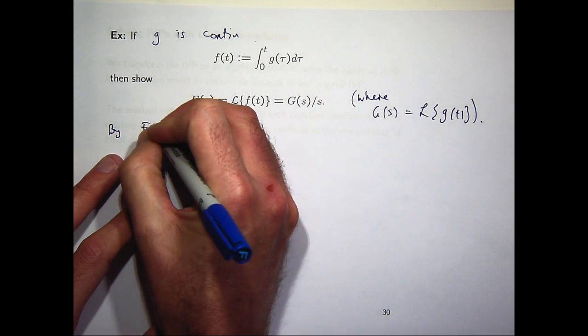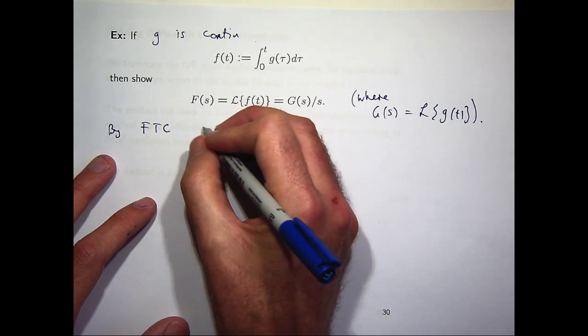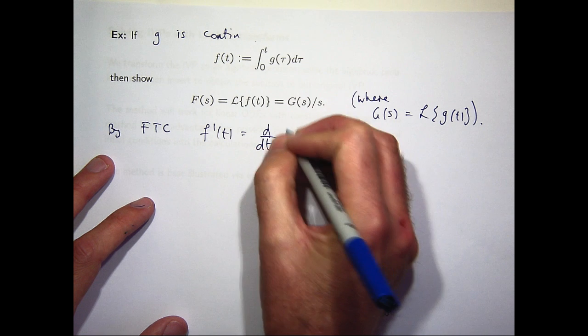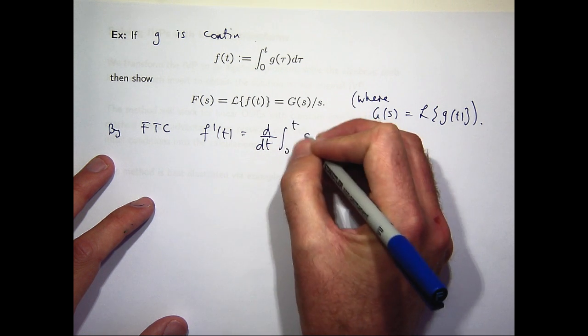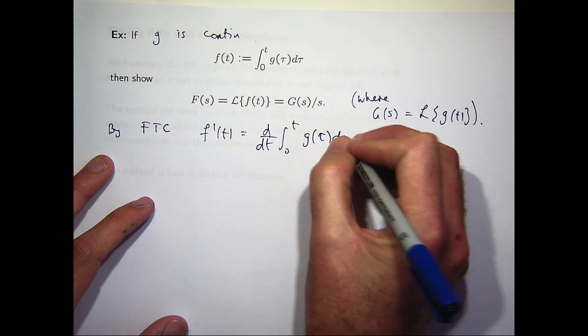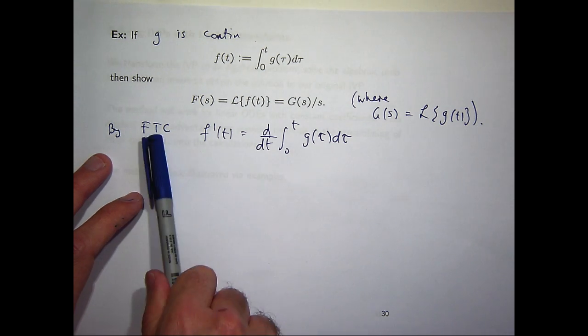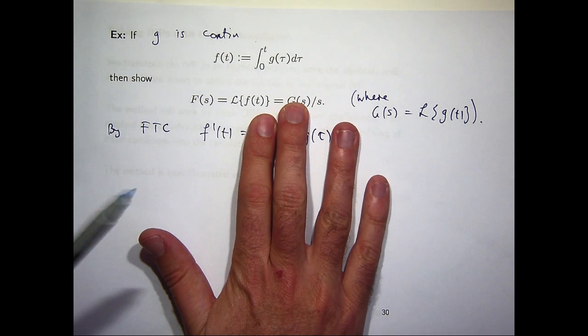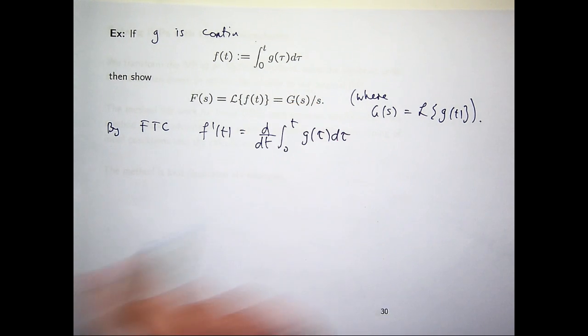So by the FTC, I can just differentiate here. These will cancel each other out, and I can replace tau with little t.